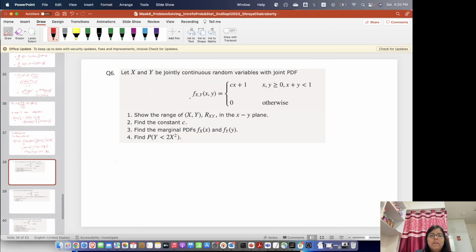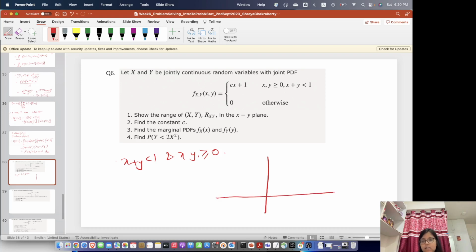We have x and y jointly distributed continuous random variables with this PDF, and we have to show the range R_XY in the xy plane. So x plus y is less than 1 and x and y are greater than or equal to 0.